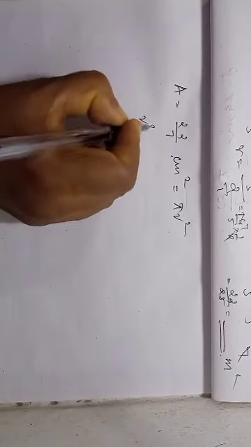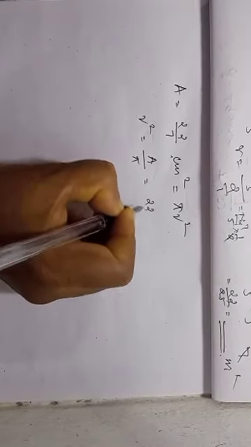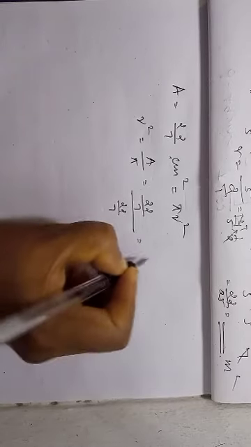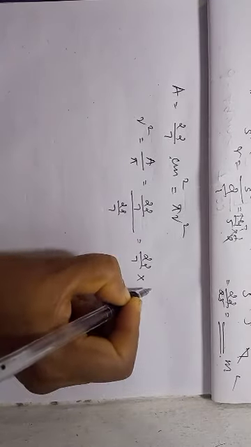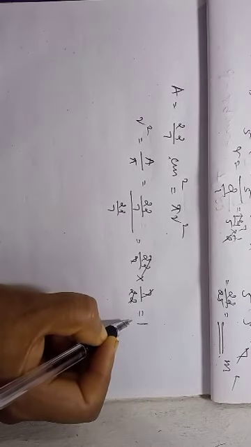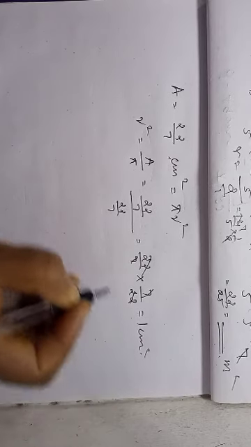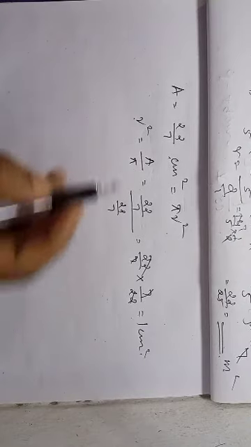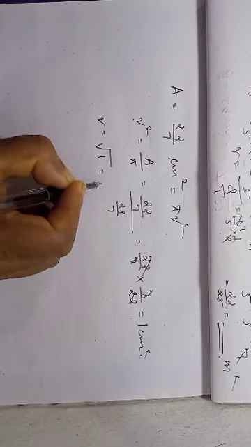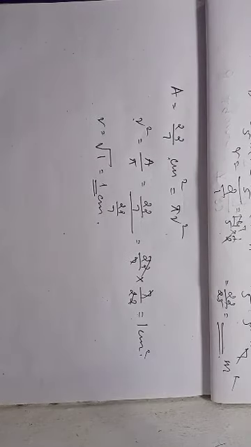So r square is area divided by pi. Area is 22/7 divided by pi, also 22/7. Take the reciprocal and multiply. All cancel, you will get 1. So r square is 1 centimeter square. Square root of 1 is 1 centimeter, the radius of the circle.